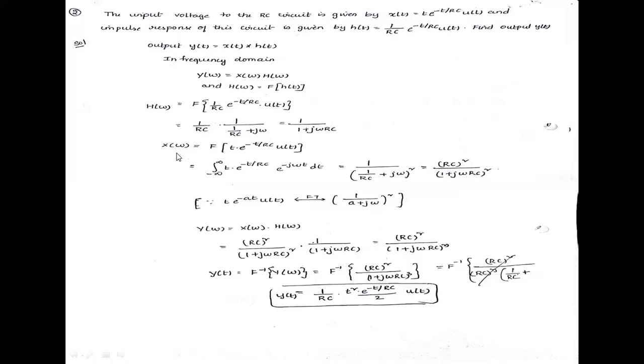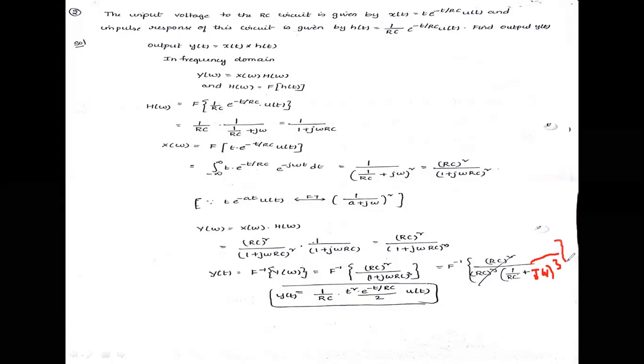X of omega is equal to RC square into 1 plus j omega RC whole square, and H of omega is equal to 1 by 1 plus j omega RC. You can multiply the two functions: RC square by (1 plus j omega RC) whole cube. Take RC as a common factor here, RC square and RC cube. See here, there is a missing term: 1 by (RC plus j omega) whole cube.